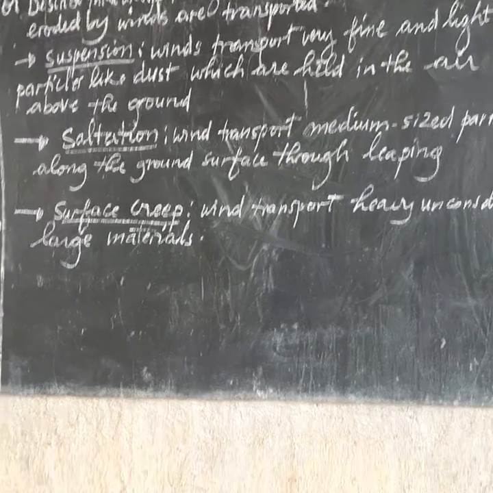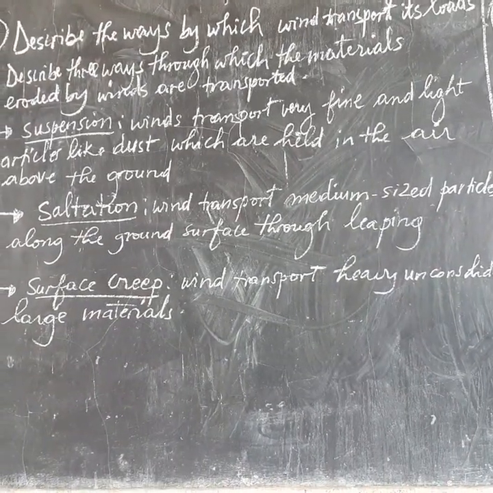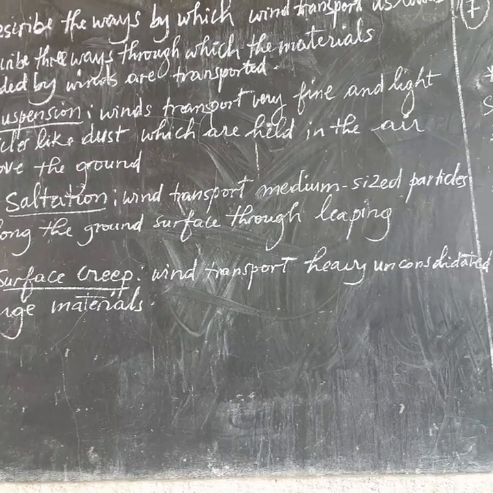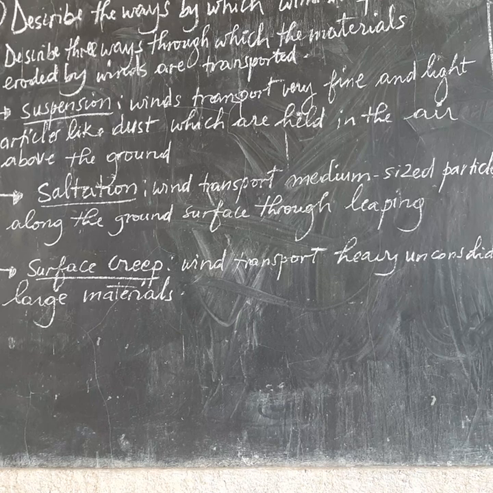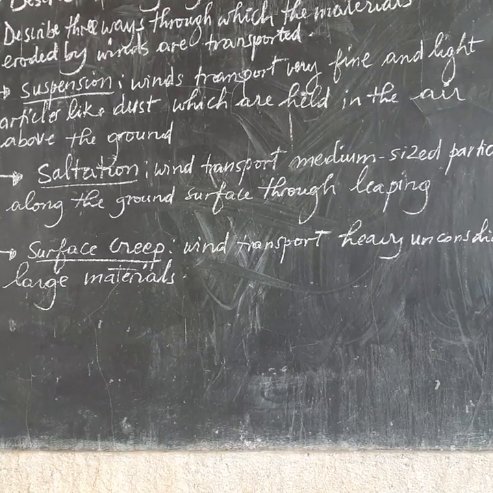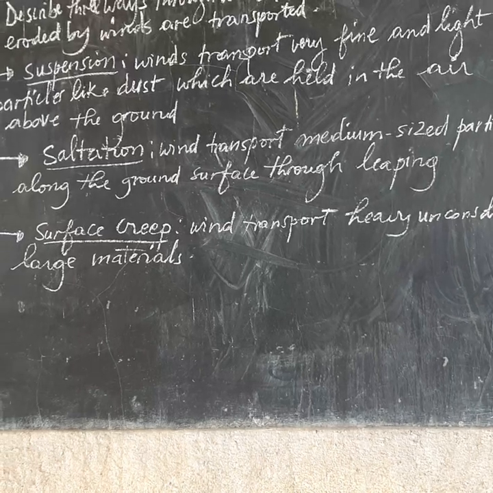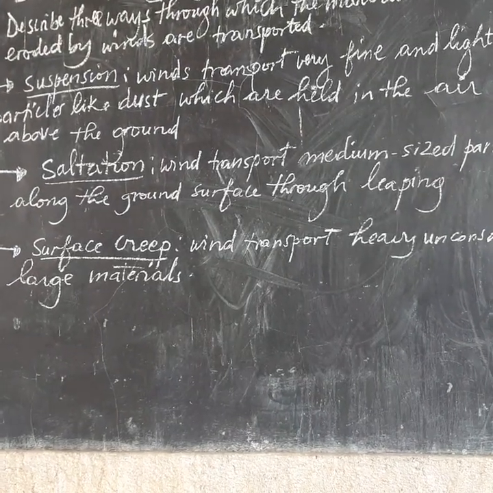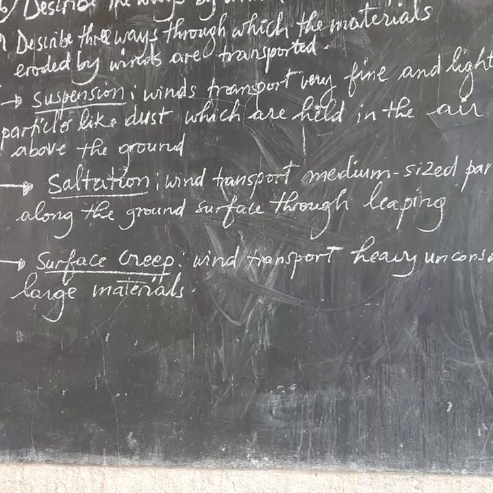We go to the way number 3, which is surface creep. In surface creep, wind transports heavy and consolidated material. So meaning that here the wind will transport very heavy materials, and those materials will be transported on the land, on the ground. So therefore, such a process is called surface creep.